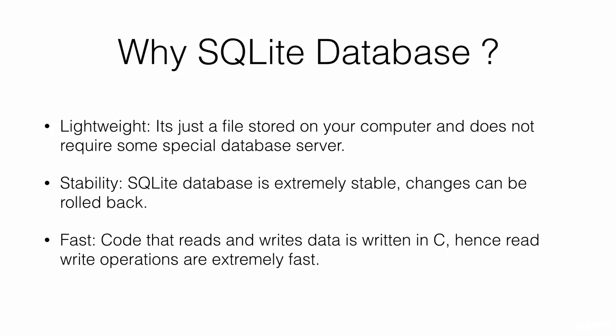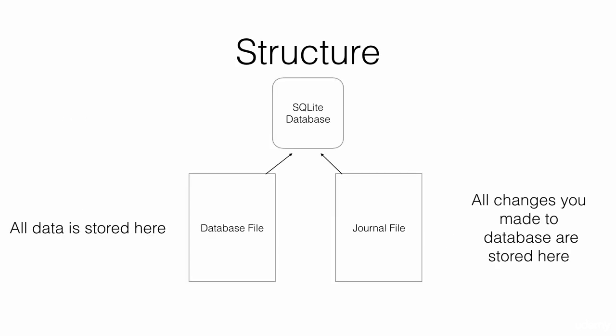Now let's learn how the SQLite database is structured. The SQLite database has two parts. The first is the database file, where all the data related to your application is stored. The next is the journal file, where all the changes you make to the database are stored. For example, let's say you're writing some value to the database.